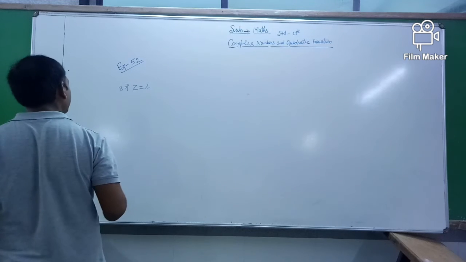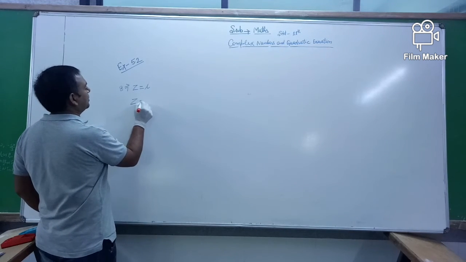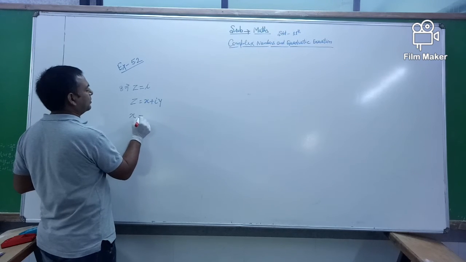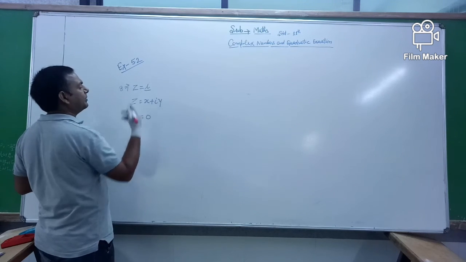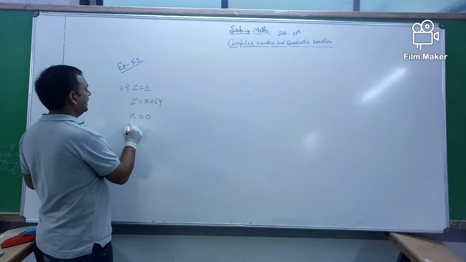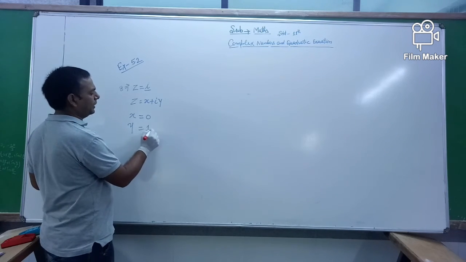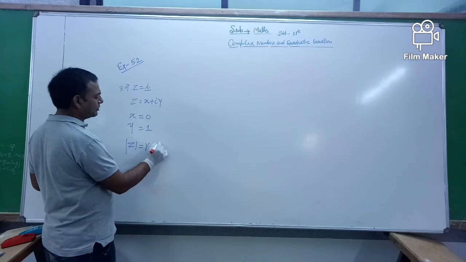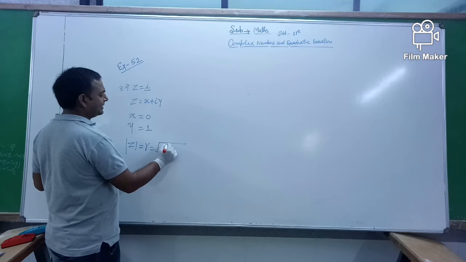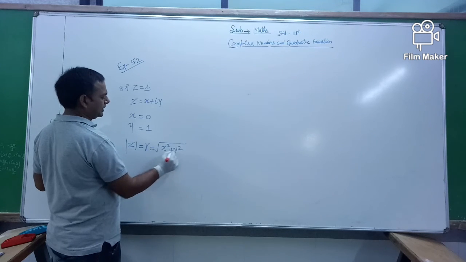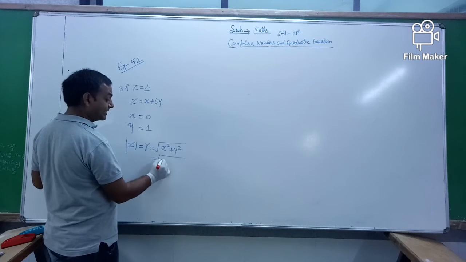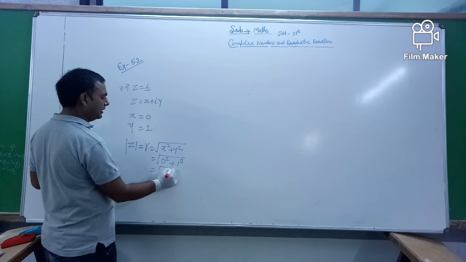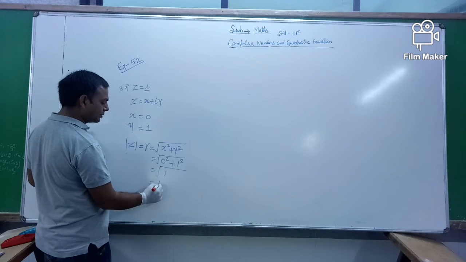It means when you compare with z is equal to x plus iy, you find x is equal to 0, because the coefficient of x is 0, and y is equal to 1. So mod z, the modulus of z, that is r, is equal to under root x square plus y square, which is under root 0 square plus 1 square, so under root 1, and that is equal to 1.